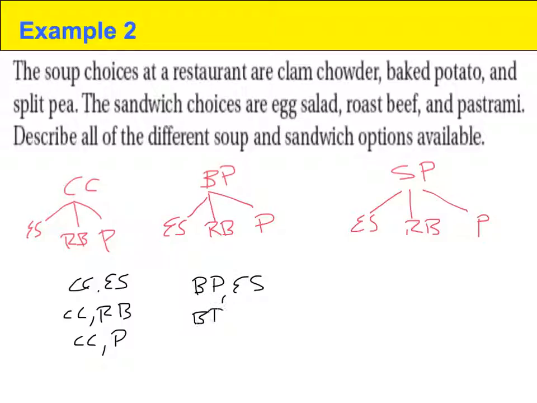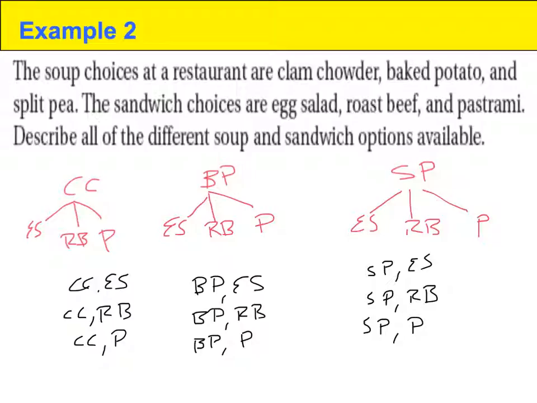Baked potato soup with the roast beef sandwich. Baked potato soup with a pastrami sandwich. Last but not least, split pea with egg salad. Split pea with roast beef. Split pea with pastrami. Okay, so I have 9 different options here.